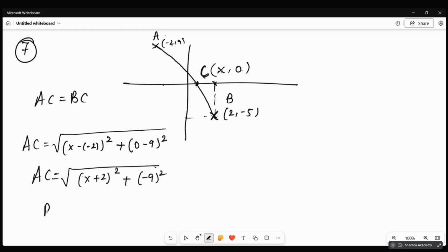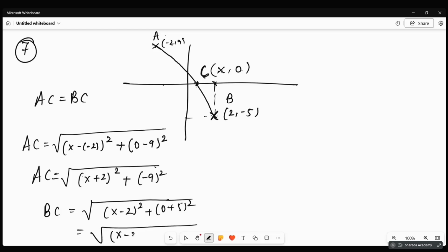What about BC? BC is x minus 2 whole square plus 0 minus of minus, it is 0 plus 5 whole square. So BC is equal to root of x minus 2 whole square plus 5 square.